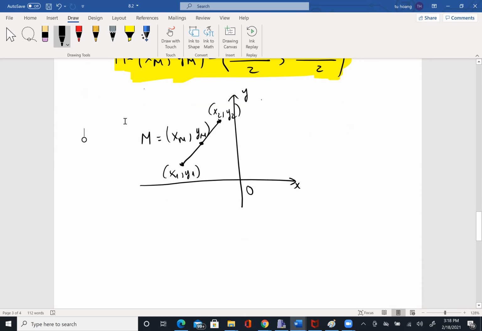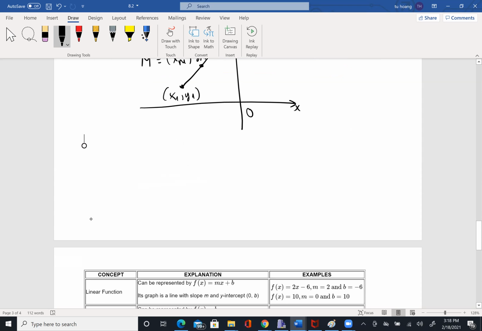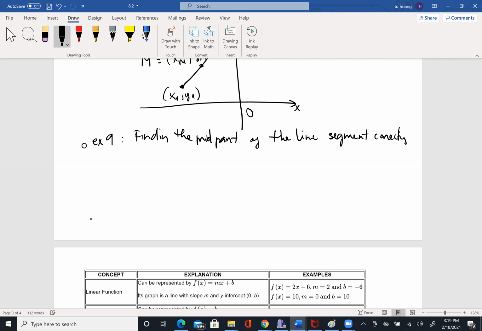Let's do an example. Example 9. Finding the midpoint of the line segment connecting the points (-3, -2) and (4, 1).